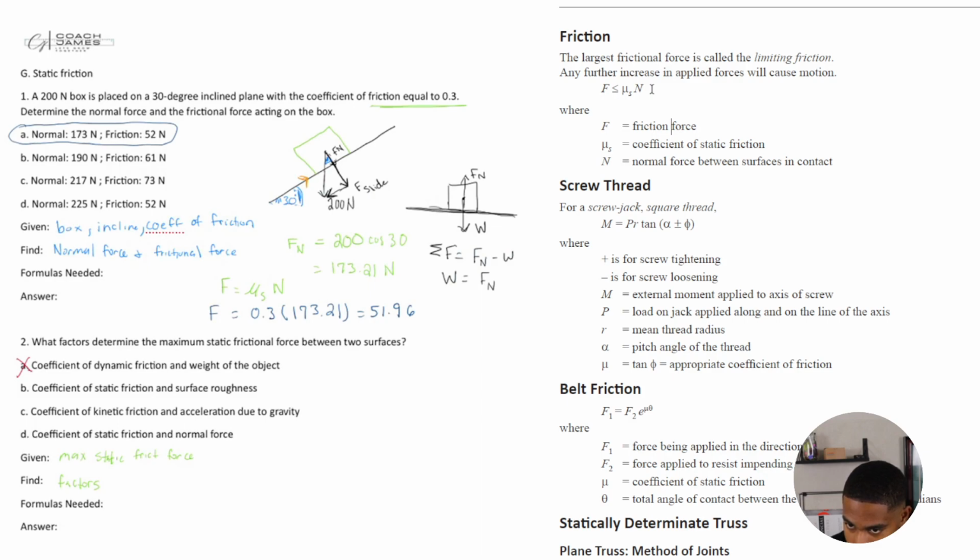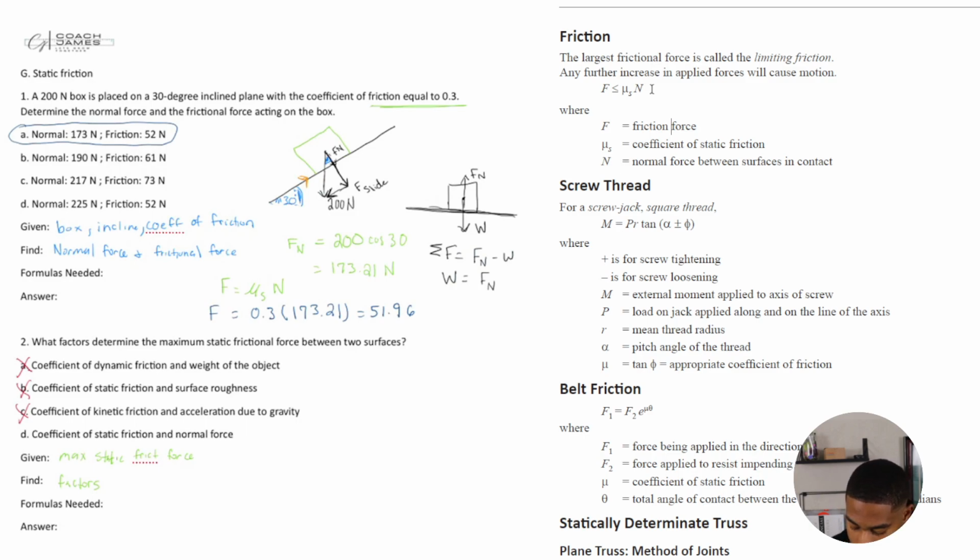Surface roughness doesn't affect that. Nope. Coefficient of kinetic friction, acceleration due to gravity. No, that has nothing to do with that. And then coefficient of static friction and normal force.